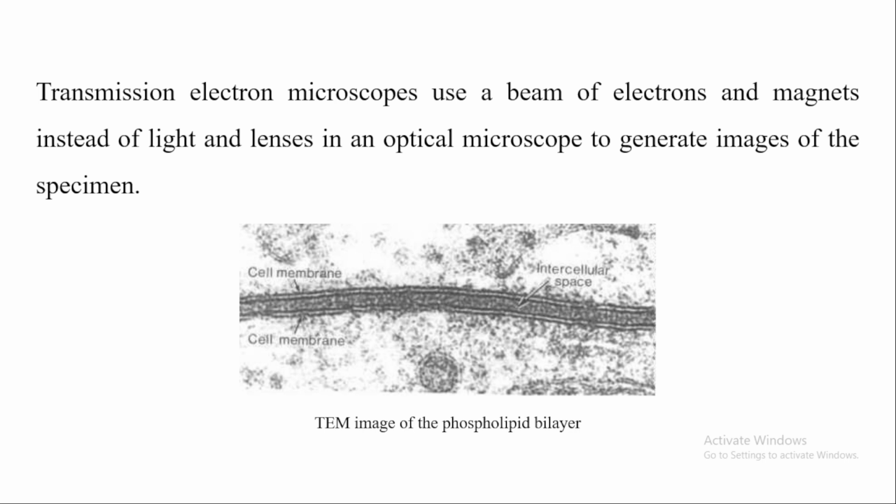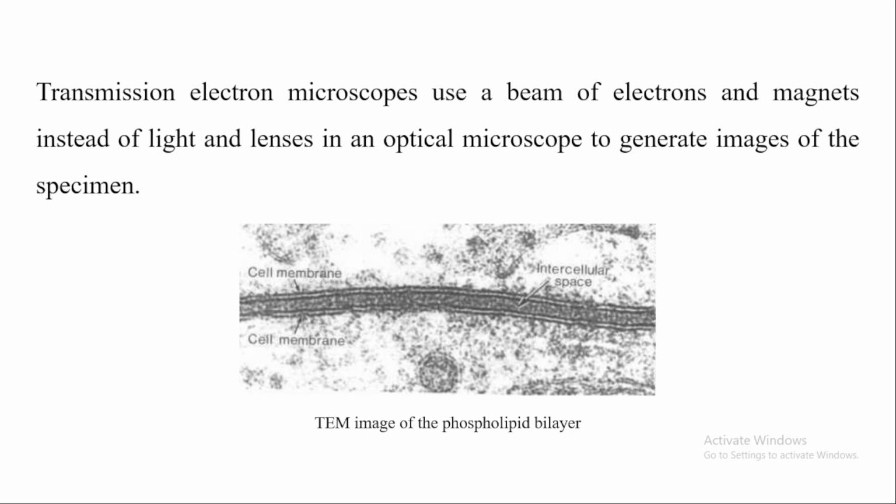By the name you can see scanning means just scanning through the surface. Scanning is just seeing the surface of a structure, but transmission, since it is transmitting through the cell, can help you see the inner structure, the intracellular structure of the cell.